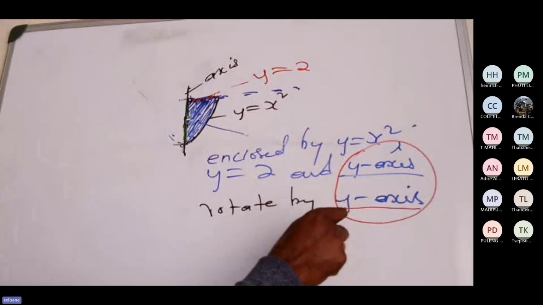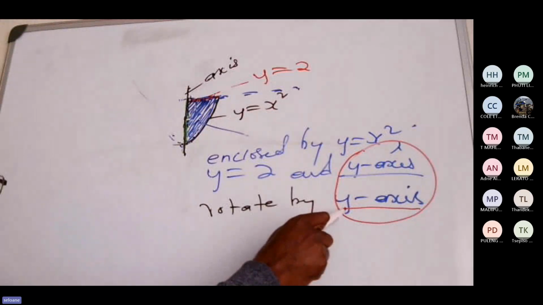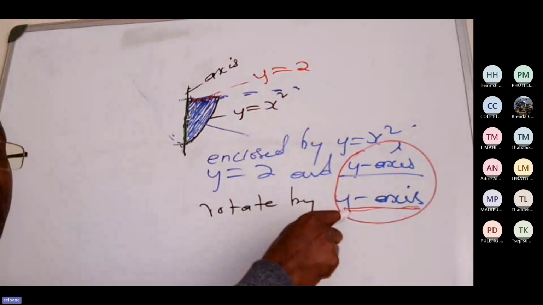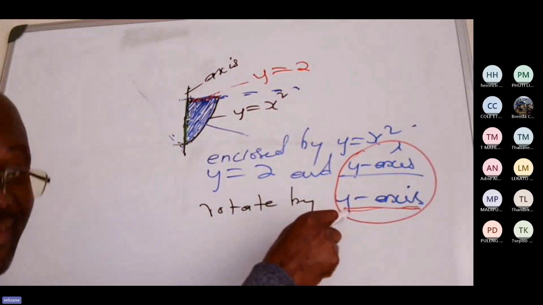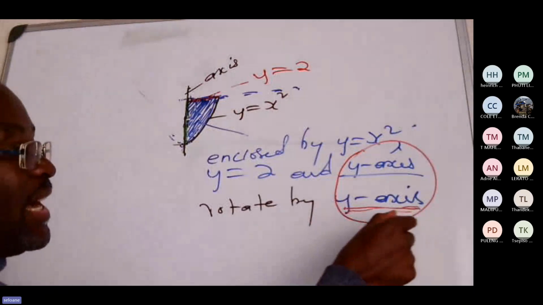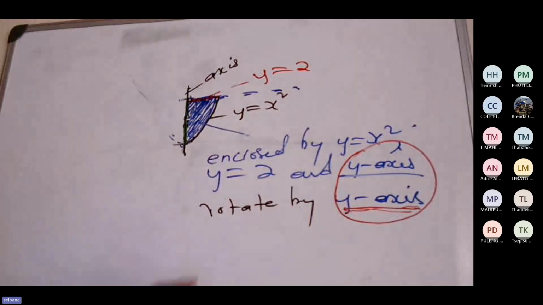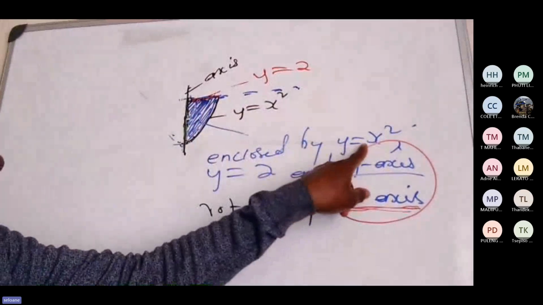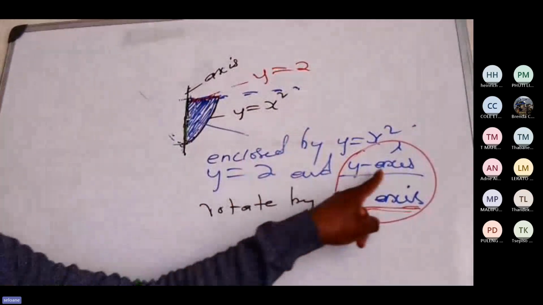This, we have said, is going to be the center of your solid of revolution. And this center is still part of those curves that enclose your region, because this curve is enclosed by this, and this.